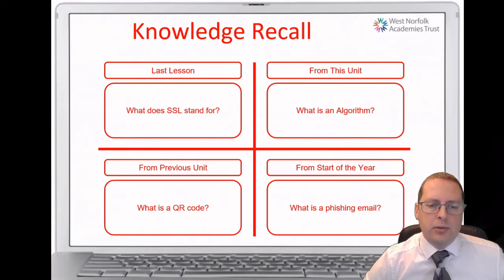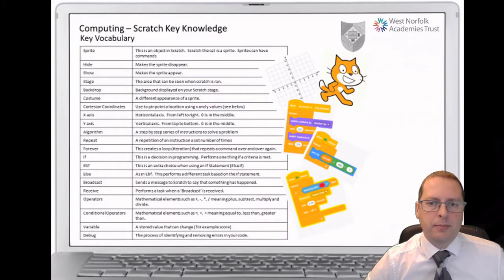And you might also recall what a QR code is. You need to explain that. And from the start of the year, you'll need to be able to remember what a phishing email is. Now, these answers will be in your knowledge organizer if you've not already remembered the facts. If you can remember the facts, then brilliant. You'll need to pause the video and answer these questions.